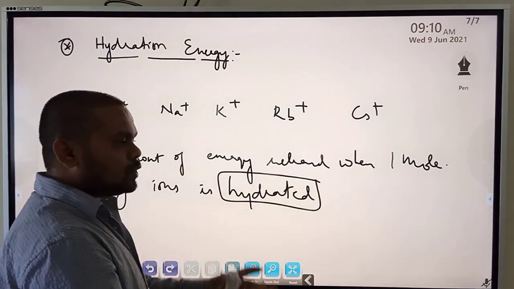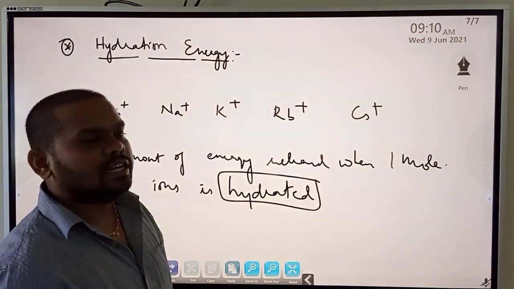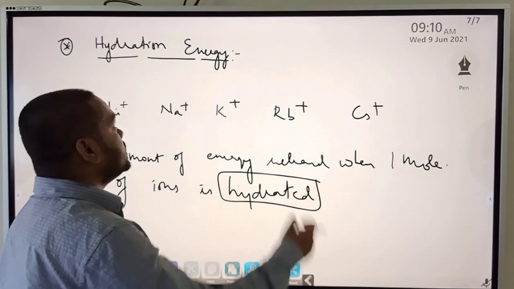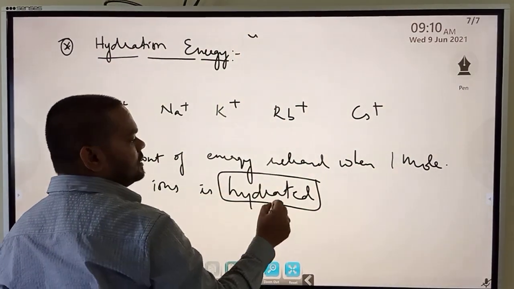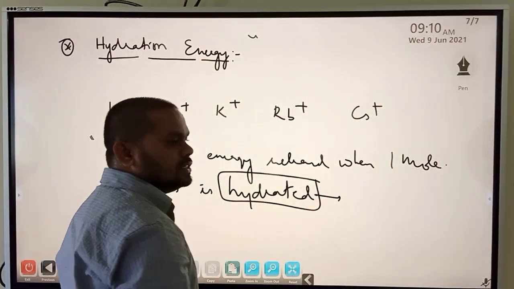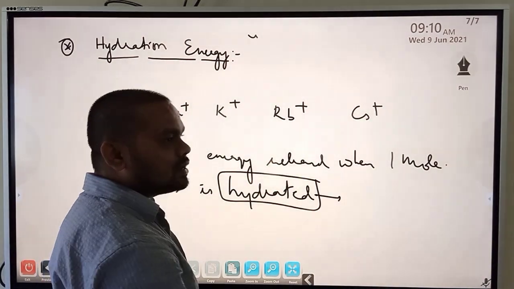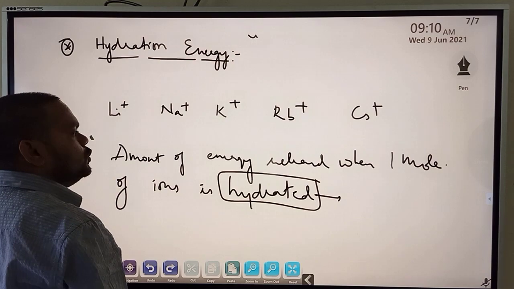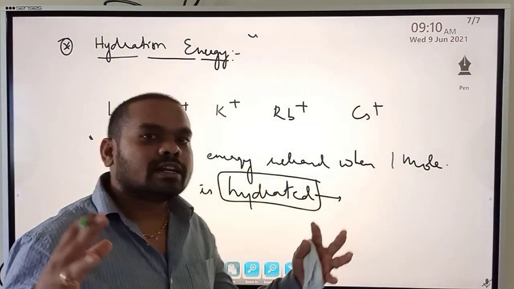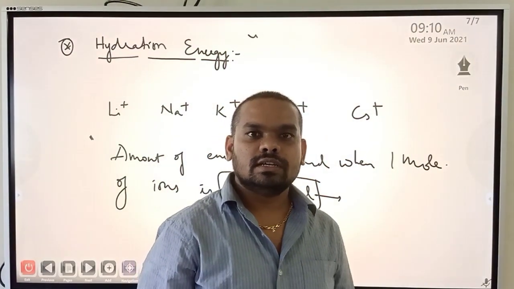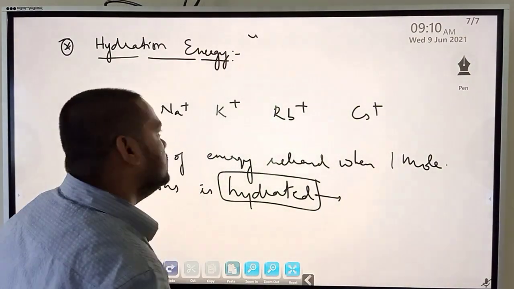During that process, in which case is the hydration energy very high? Is hydration an energy releasing or energy absorbing process? Energy releasing, so exoergic. In which case is the energy released huge? Where the attraction is more, obviously. And in which case is the attraction more? Lithium's case.